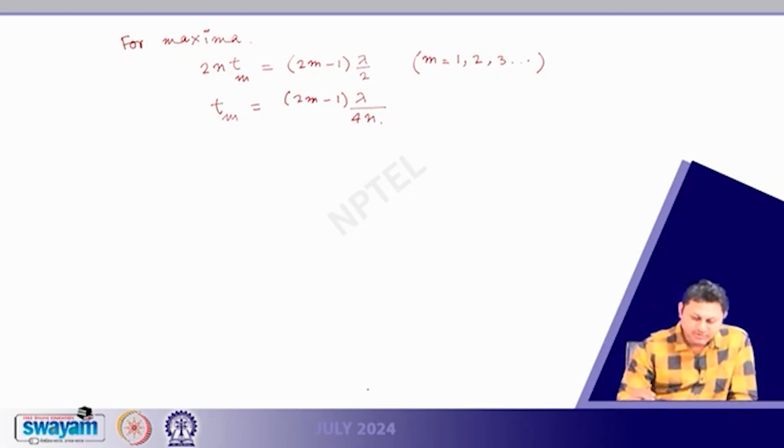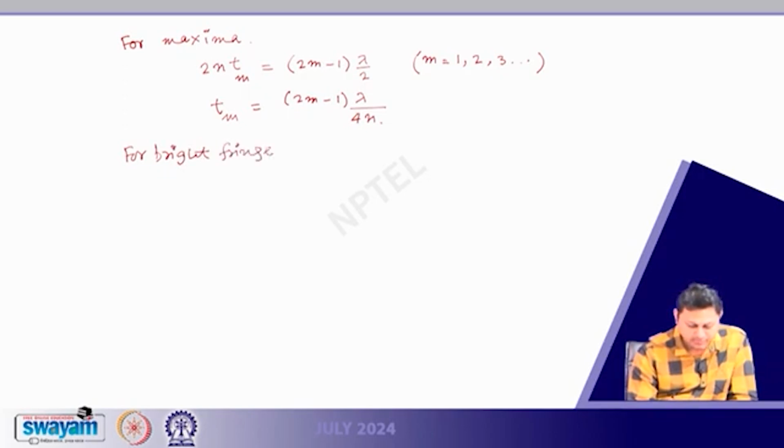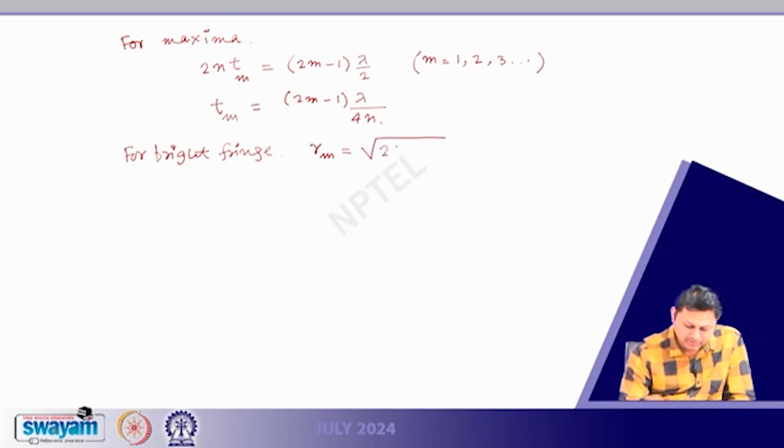If I incorporate this, for a bright fringe we had Rm equal to root over 2 R Tm.